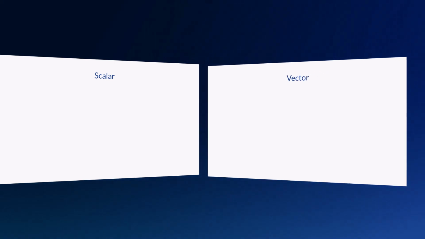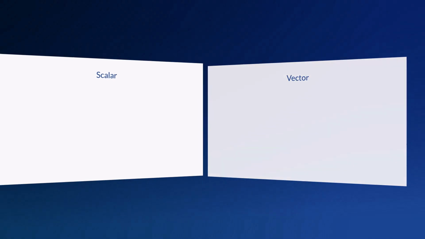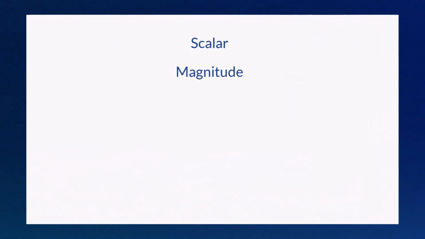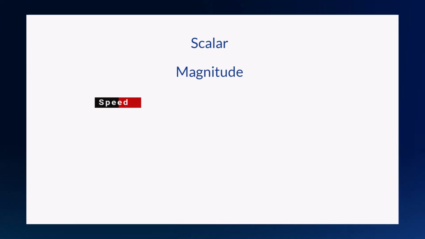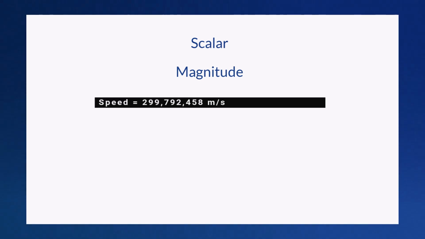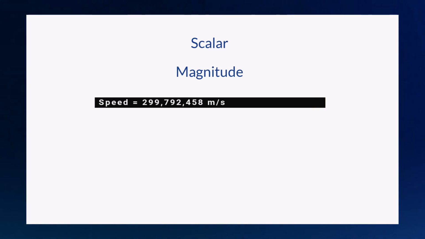In physics, we often deal with two types of quantities, scalars and vectors. So, what's the difference? Scalars are quantities that have only magnitude, just a number. For example, the speed of light is approximately 299,792,458 meters per second.